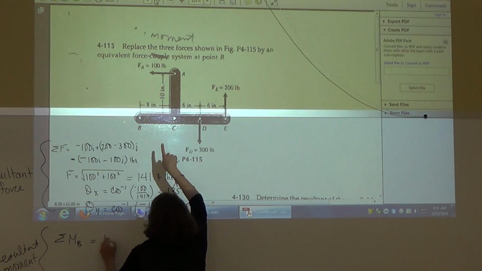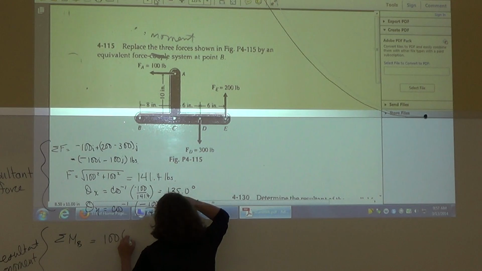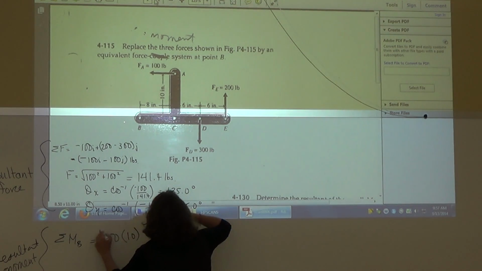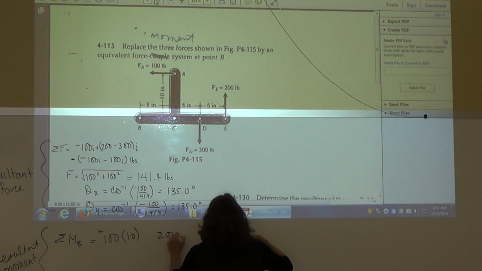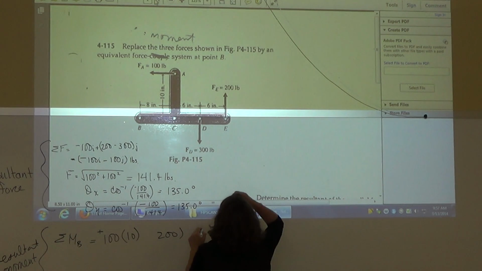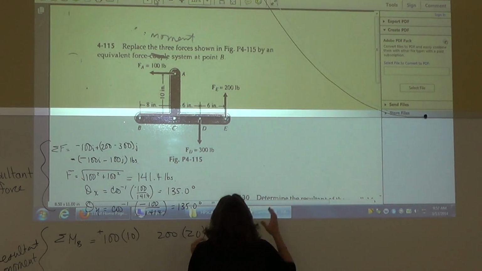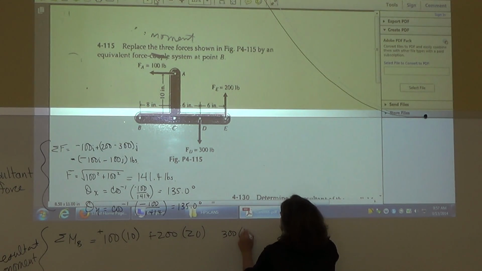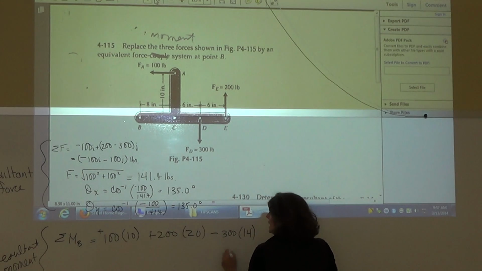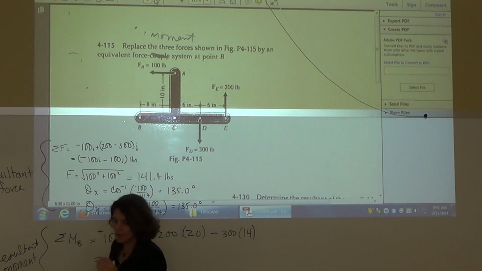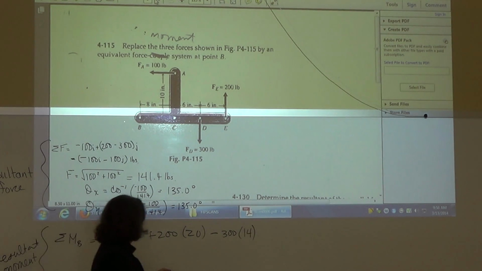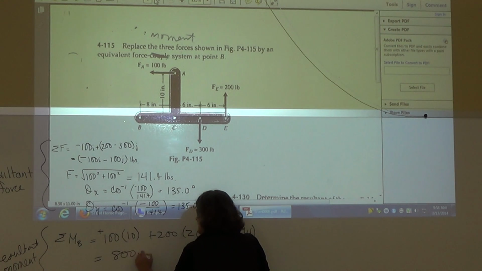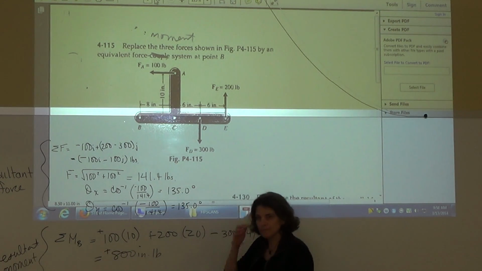So what's that? 100 times 10 positive, 200 times 12 positive, and then 300 times 14 negative, and what does it come out to be? 800. 800 inch pound, and is it positive? Positive.